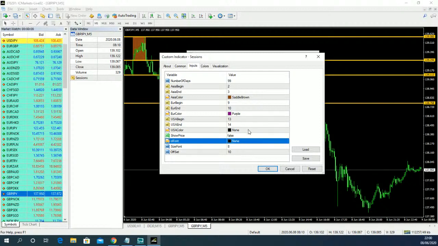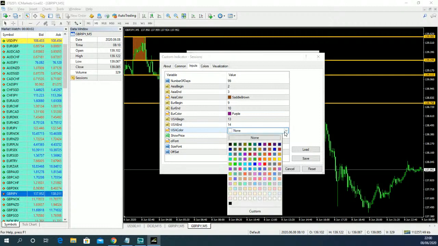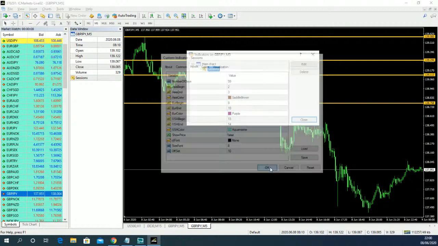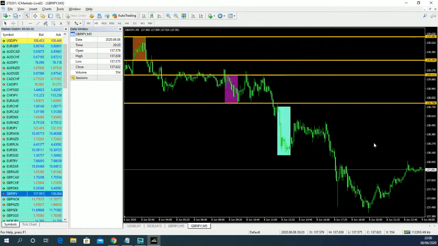Okay, so American session, let's put the color of American session to something like, let's just put it there, whatever it is. Okay, let's say that's the American session there. So American session is very close to Europe. So here on Asia, you flog them. Europe, you flog them. America, you flog them.